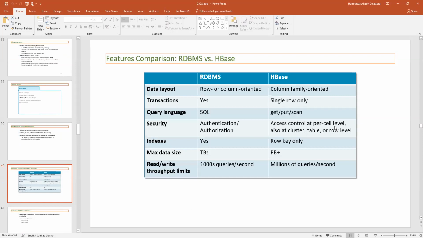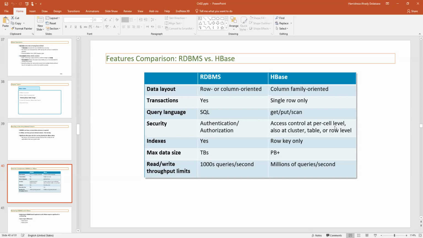Okay, let's have a general comparison between RDBMS, which is traditional SQL-based databases, that you already have general knowledge about, and HBase, a NoSQL database. In RDBMS, the data layout is in rows and columns, but in HBase we have column families.